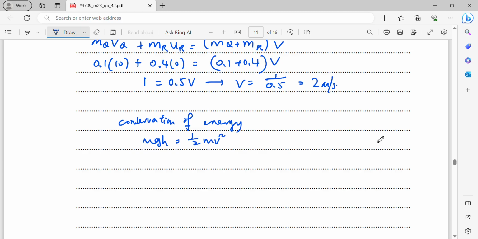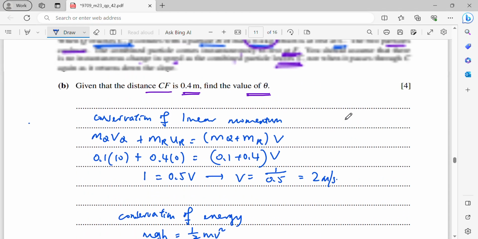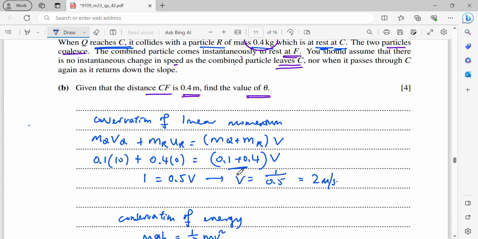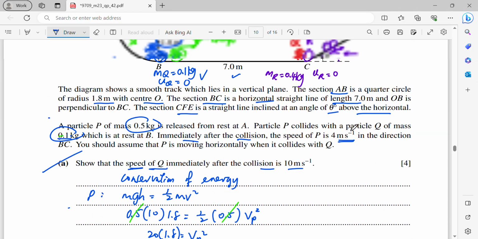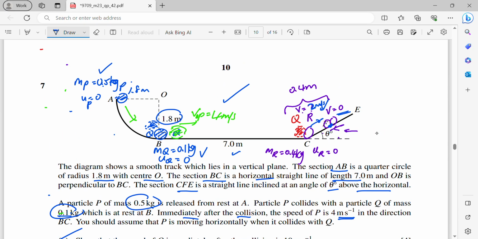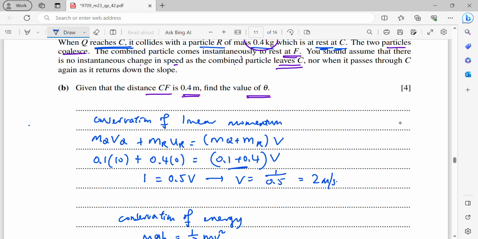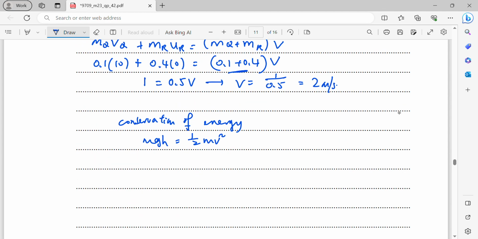Now where is my mgh? The m here is the combined mass, because both of them collide. Colliding means combine together, so now your m here is 0.5. So I will get 0.5. The g is 10.